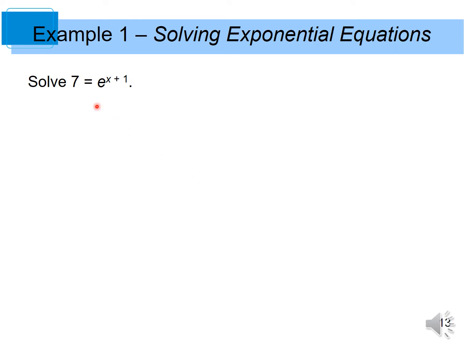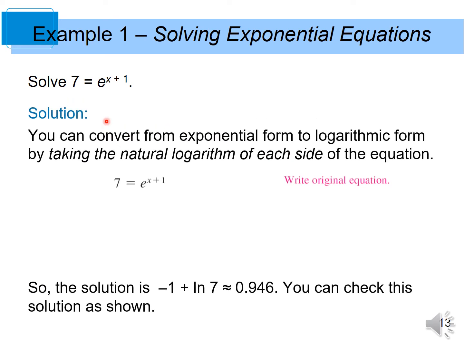Look at this example. We have an exponential equation, and look at this part. This is the exponential function, and the base is e, where the value of e is 2.7. So to solve this, we need to eliminate the base e. So we apply the log base 2.7, or the log base e. Do you still remember the log base e is the natural log? So look at this.